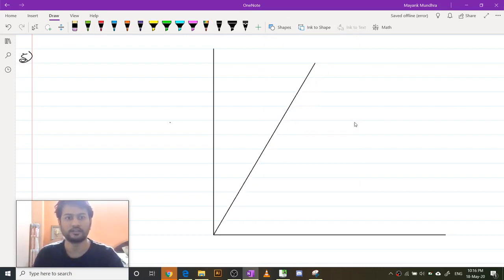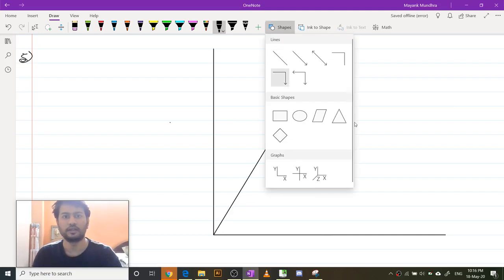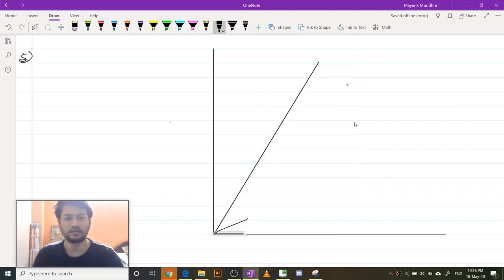This is my slope 2 line, right? And then the next line is going to be slightly flatter than this. It's going to be this line, right? So these are my two lines. This is my good y and this is my good x.